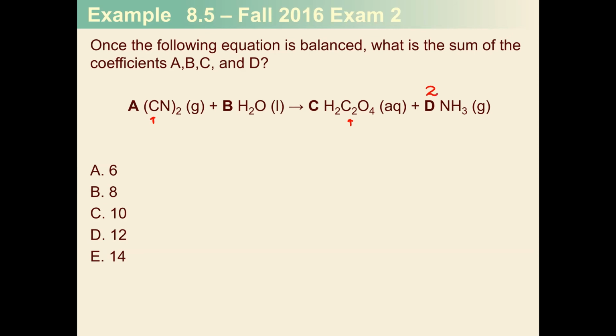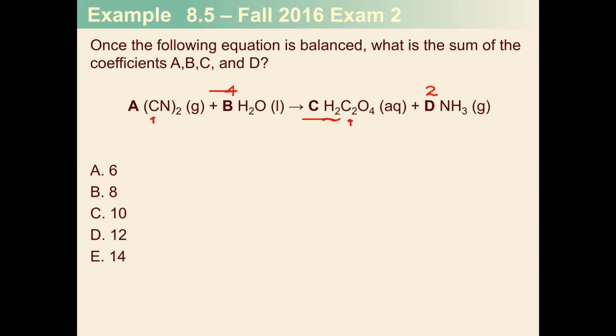So now what we have to look at is our number of hydrogens. So as you can see here, I have 6 hydrogens from ammonia, but don't forget the 2 that is in our acid. So that is a total of 8 hydrogens. So what coefficient do I need to put in front of my water in place of B? Well, if I need 8 and I get 2 for each one, you can guess that I would need the coefficient of 4.